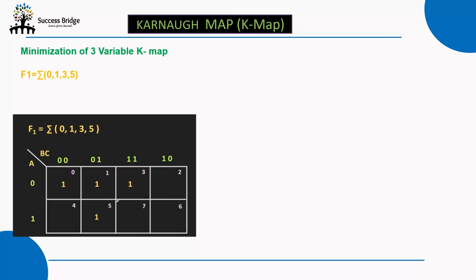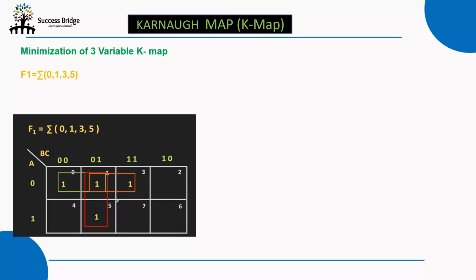And now let us try to minimize it. So here is the first group of ones. Similarly, we can make a grouping of two ones, and now only one 1 remains. So by making this grouping of twos, we can also cover that one. In this way, we have covered all the ones in that map.